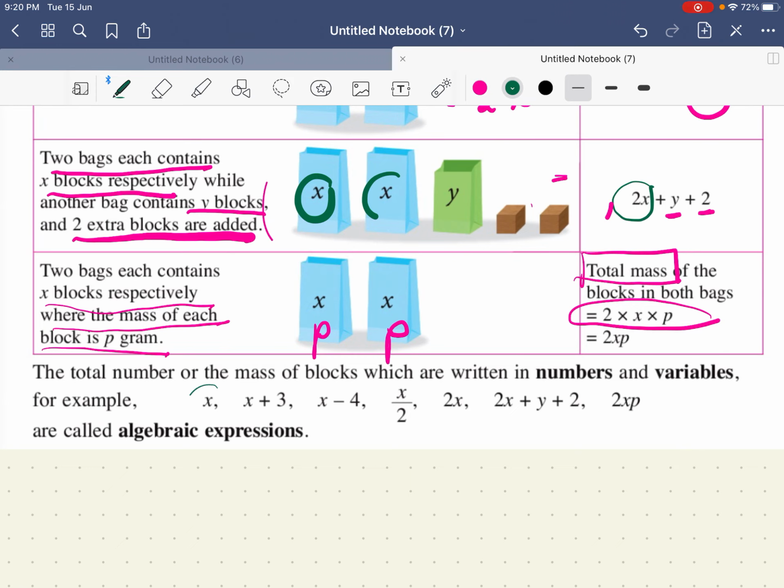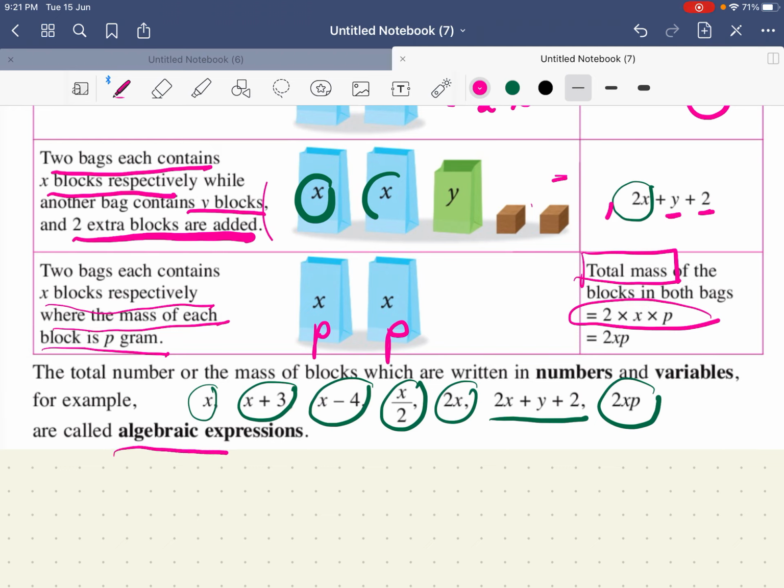All these things, x plus 3, x minus 4, x over 2, 2x plus y plus 2, 2xp. Yang ni lah kita panggil dia sebagai this one, algebraic expression. Okay, we call it as algebraic.